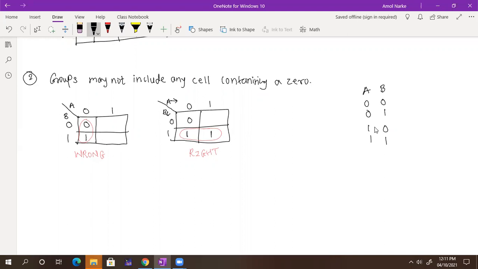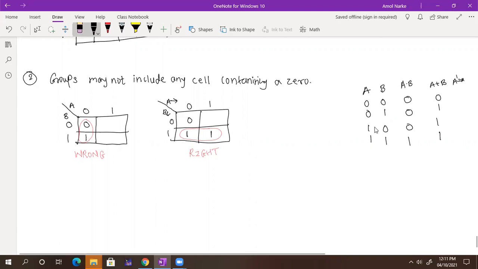For A dot B, I am getting 0 0 0 1. For A plus B, I am getting 0 1 1 1.